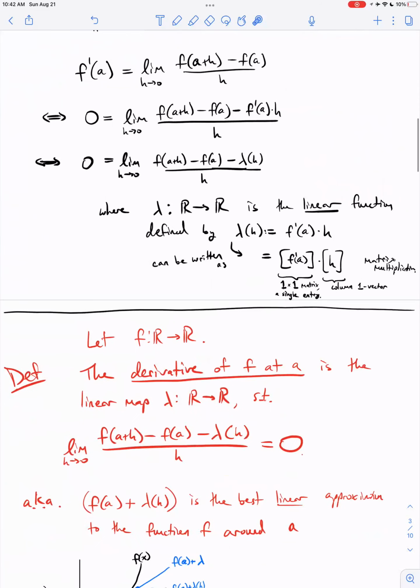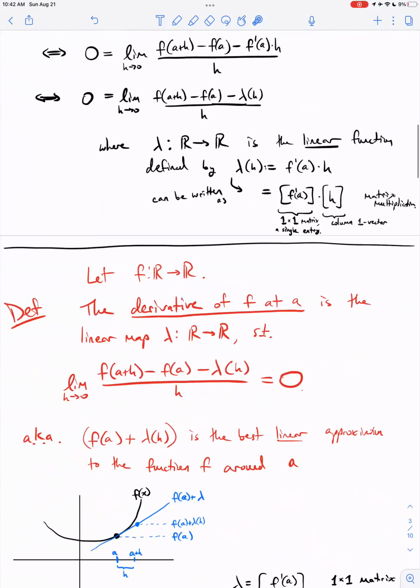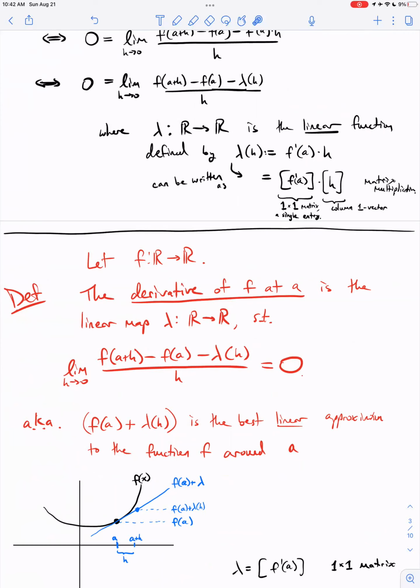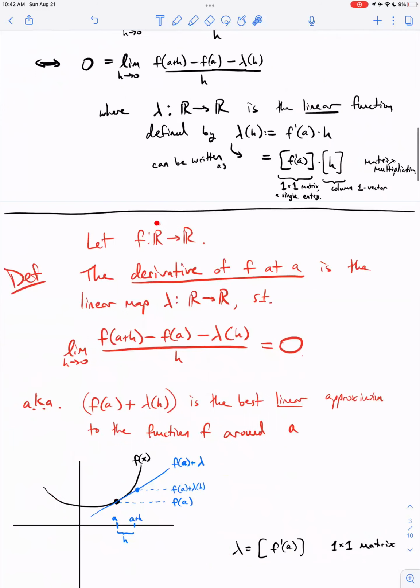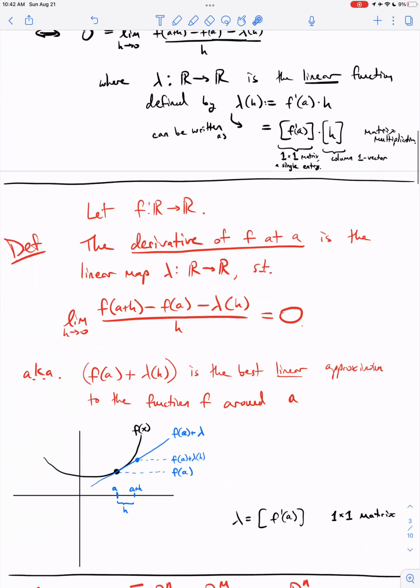So here's just an alternate definition of a single variable derivative. We could have at the beginning defined the derivative of a single variable scalar function to be this new formulation, which is just that this limit is now equal to 0. And the derivative is the linear map such that this is equal to 0.